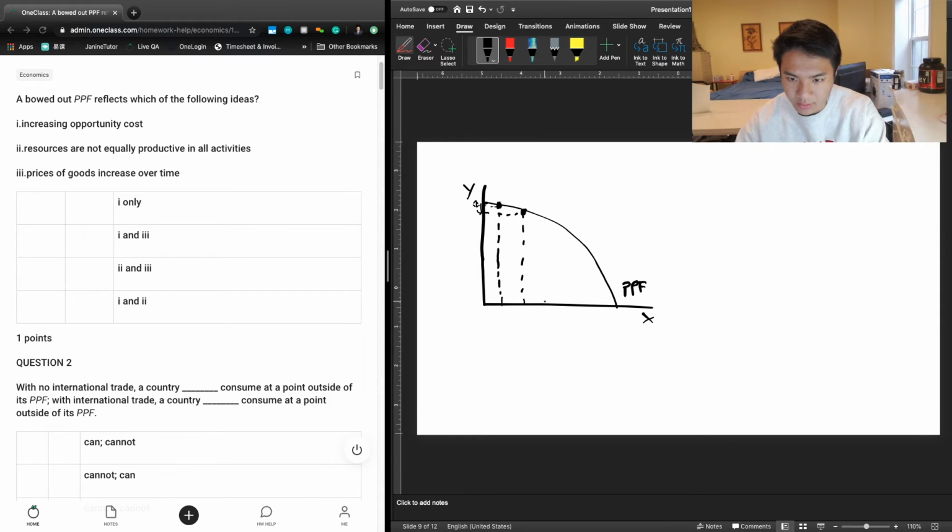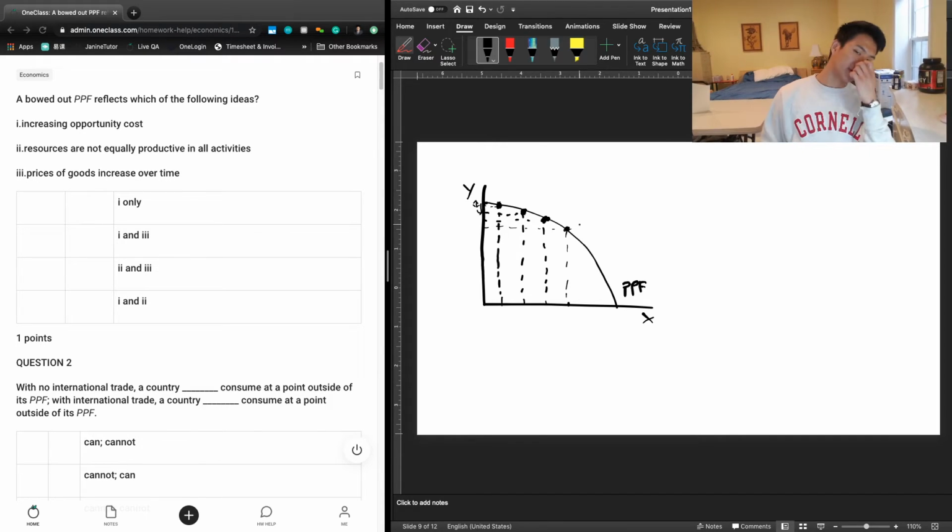We go to right here, an even bigger drop, and right here, an even bigger drop.